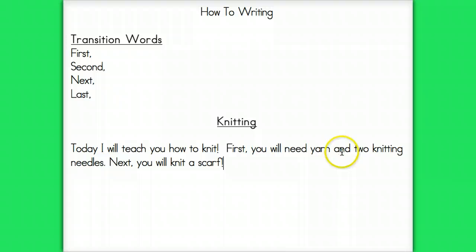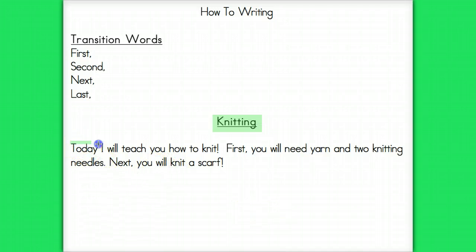Okay? So today I will teach you how to knit. First, you will need yarn and 2 knitting needles. Next, you will knit a scarf. So I have 3 sentences. That's what I want you to do for your homework tonight: I want you to write 3 sentences. So let's just review what I want to see on your homework paper. First, I want to see a title that is underlined.